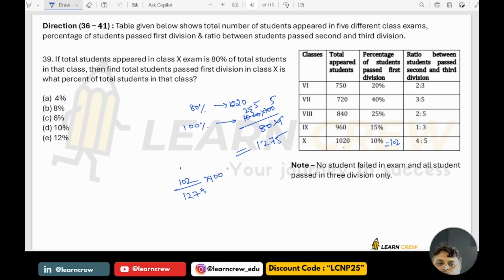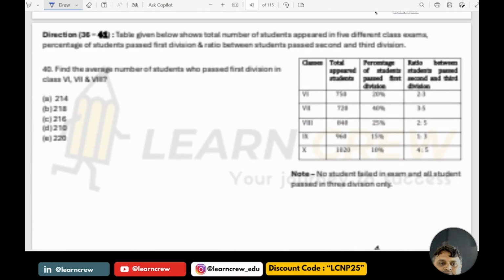So if you see here, 25 fours are 100, 25 fives are 125. So the answer is 8. Answer is 8%. Question number 40.